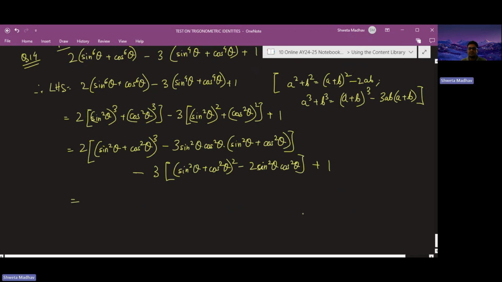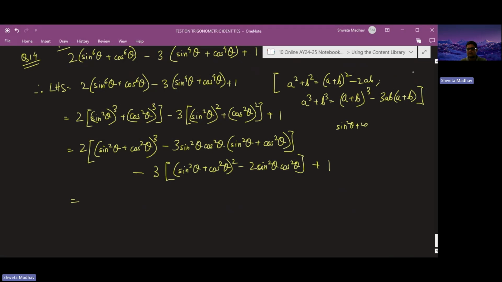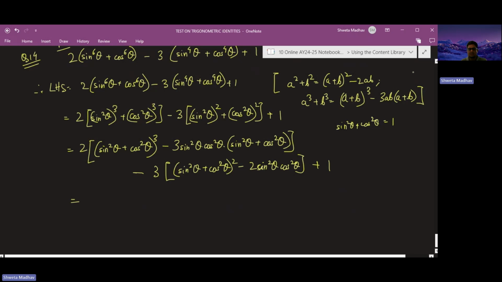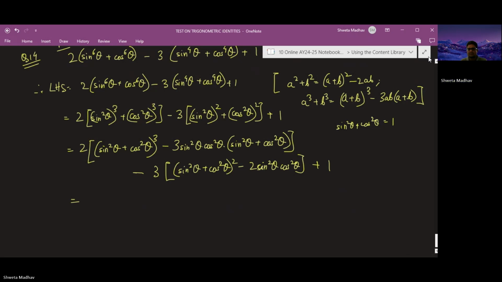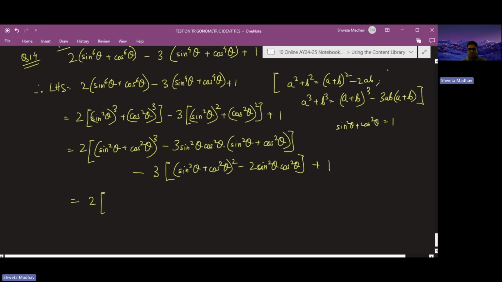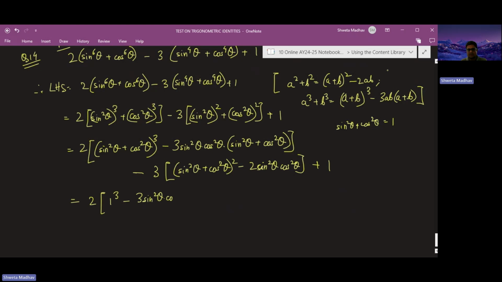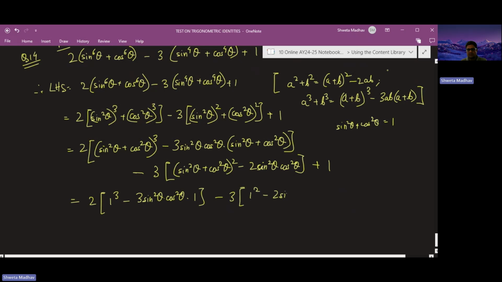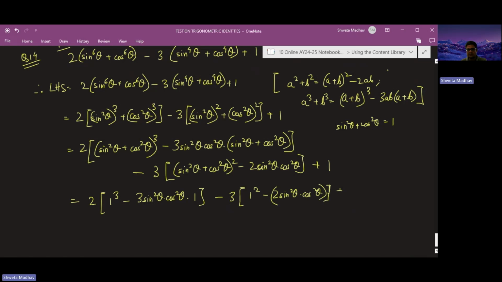Now sine square theta plus cos square theta, we know that is equal to 1 only. So now this will be 2 into 1 cube minus 3 into sine square theta into cos square theta into 1, and minus 3 into 1 square minus 2 into sine square theta into cos square theta, then plus 1.